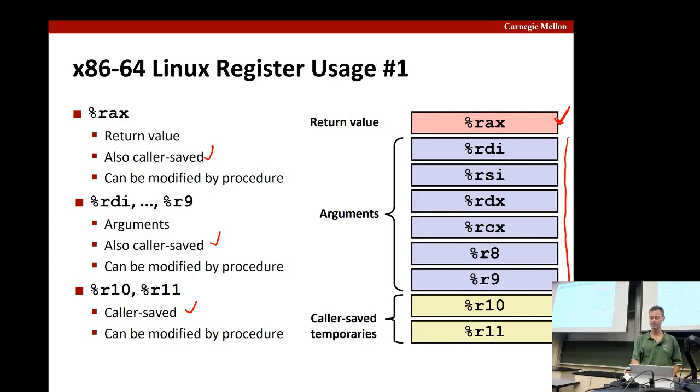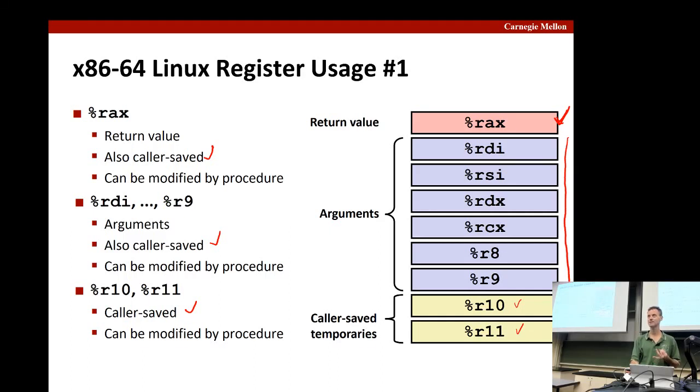So if I care about the values of R10 and R11, I should squirrel them away either in callee save registers or on the stack, because there's no guarantee that any of these are going to be the same as they were when I get back. So if I care about the value, I better stick it somewhere.